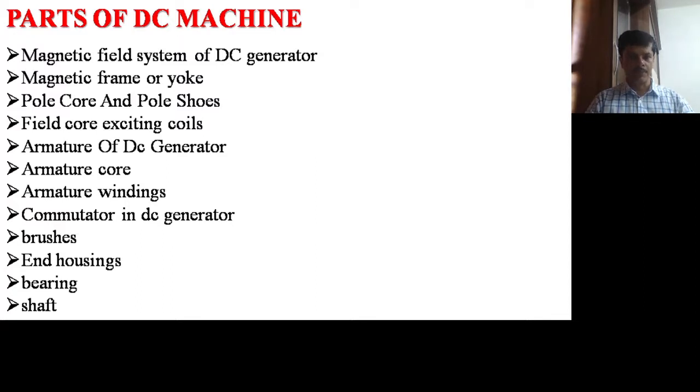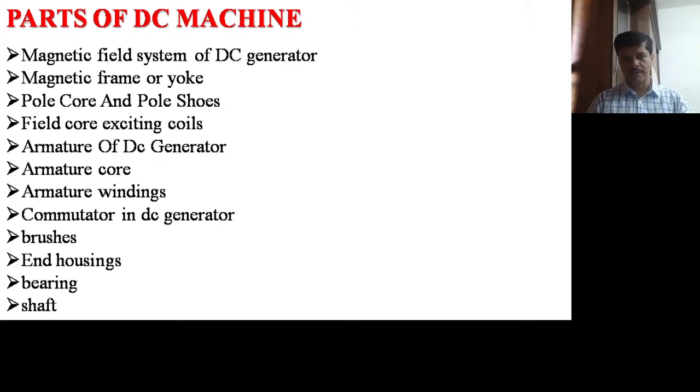Another part is the magnetic frame or yoke, and on the field side we have the pole core and pole shoes. Once the pole core is set up, it creates a magnetic path. Therefore we require a field winding, that is, field coils or exciting coils.